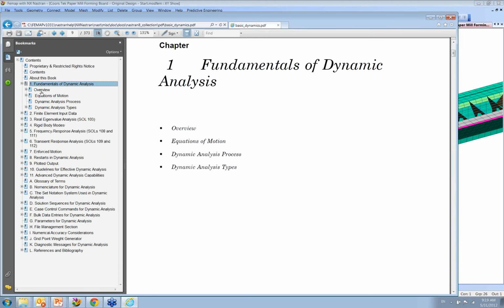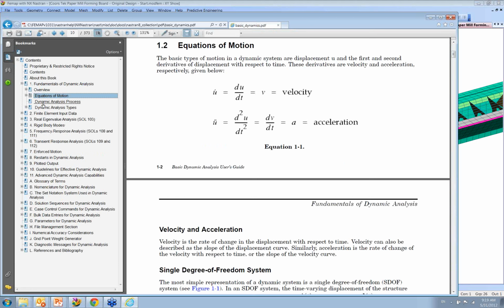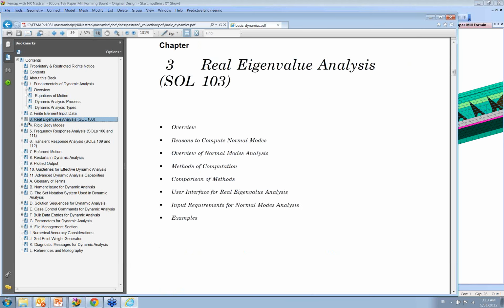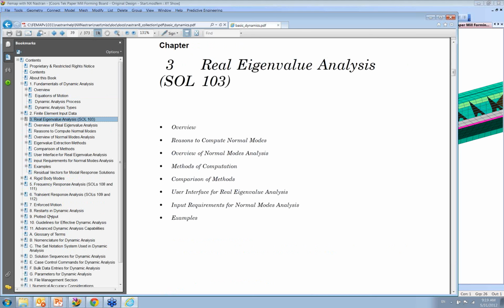Fundamentals, equations of motion, velocity, acceleration, single degree of freedom, and nomenclature. This is a great place to start if you're going to get into learning this stuff. There's no excuse for skipping it; well, of course there's an excuse, but it's like doing your homework. When you're trying to learn something, you can only do so much lecture; you have to go off on your own, ponder things, and do your own work.